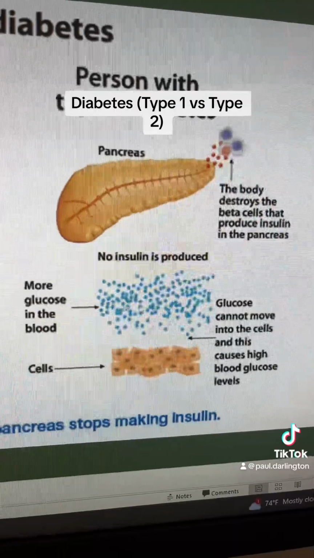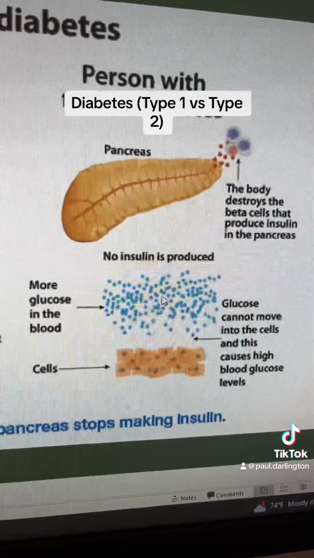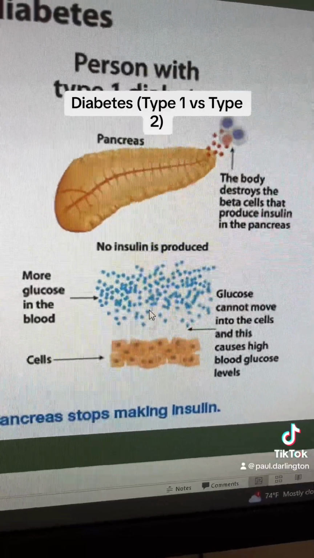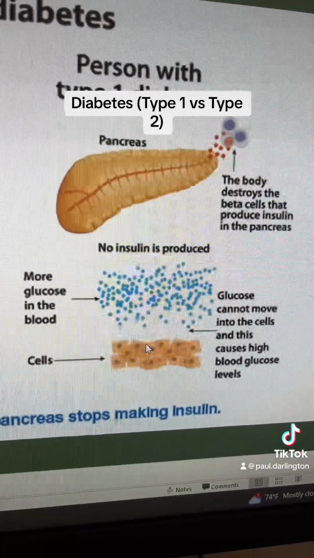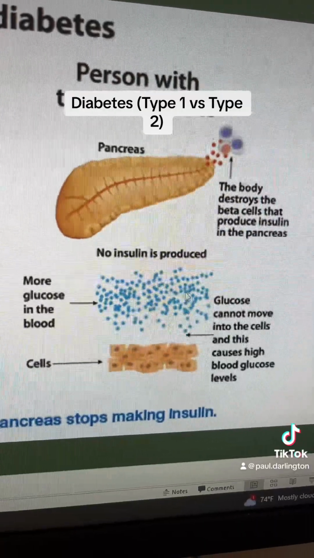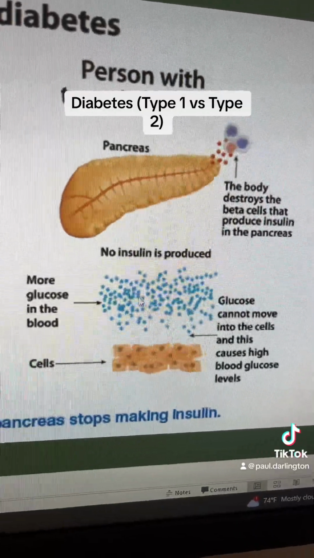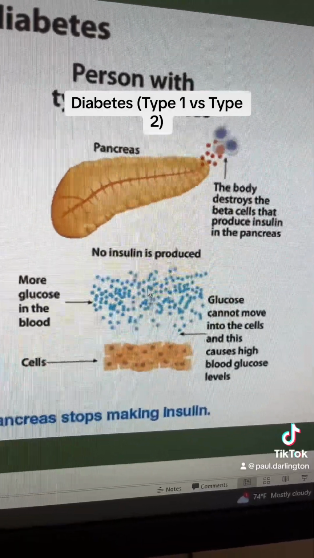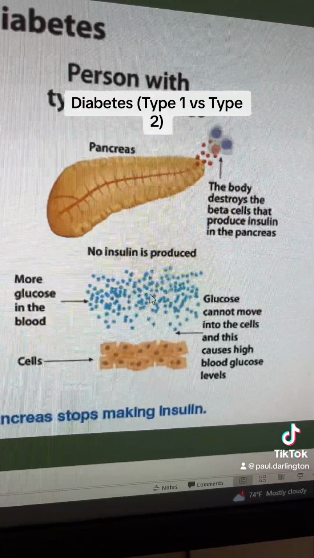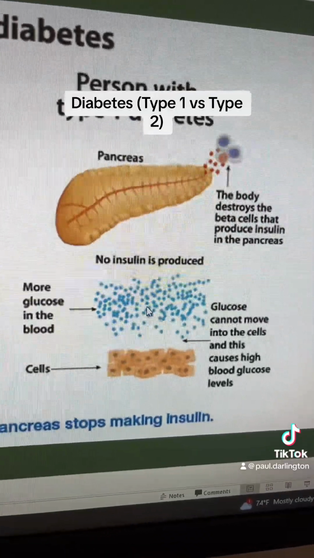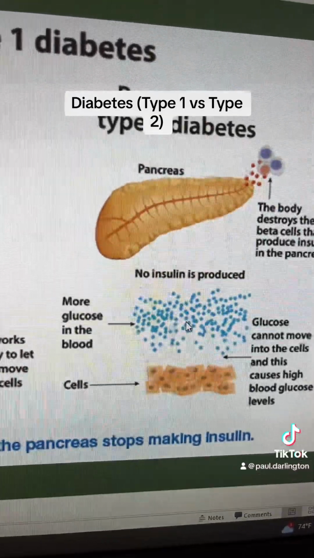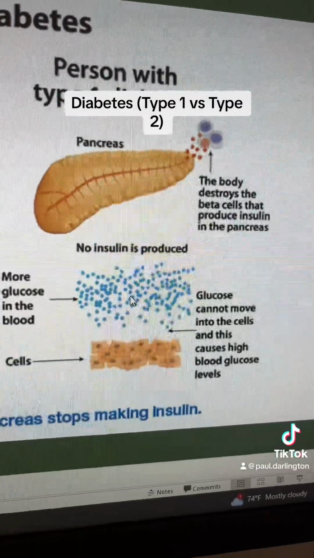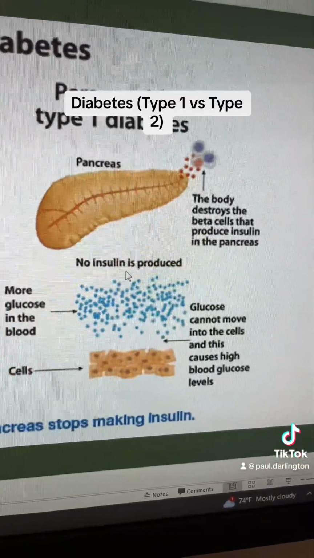After you eat, there is glucose in the blood, but at this point there is no insulin to control the amount of glucose that will enter into the cells. So there will be loads and loads of glucose stuck in the blood, because there will be no insulin to help reduce the amount of glucose in the bloodstream. So when we talk about type 1 diabetes, basically this is when the body destroys the beta cells of the pancreas, so no insulin is produced.